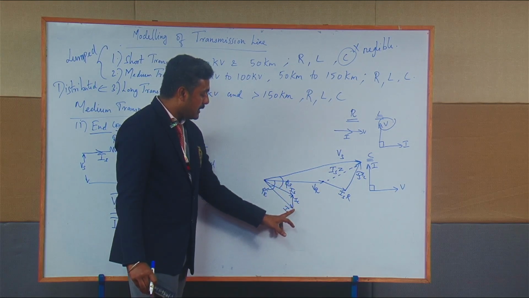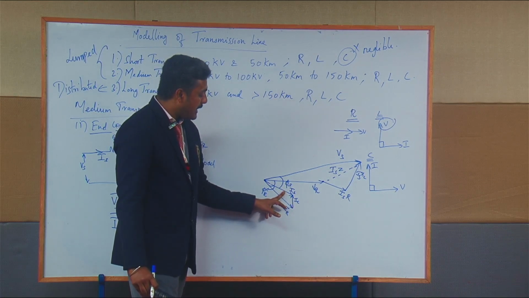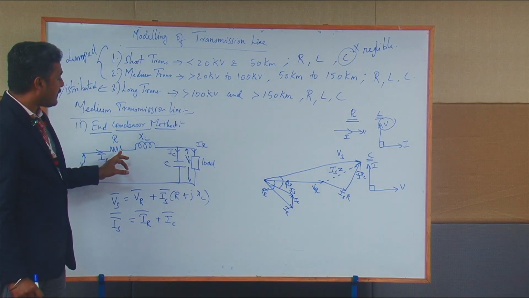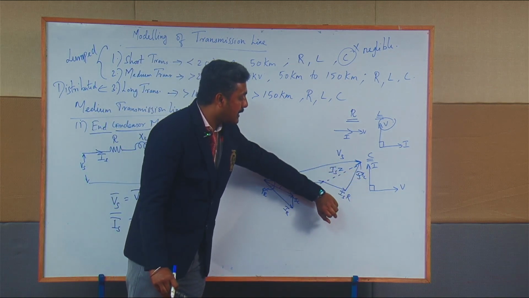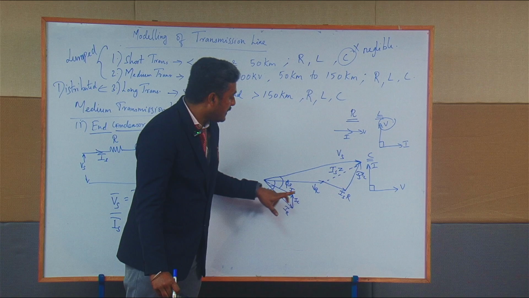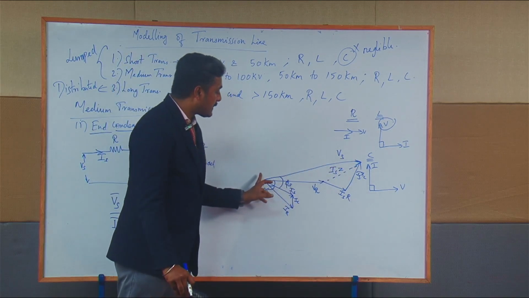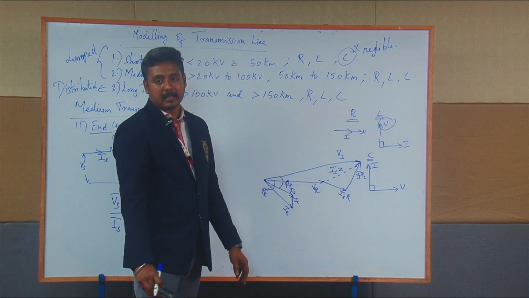If you are going to sum the two values, it will give the value of Is vector. And after finding this Is vector, this Is into R vector is in phase, and Is into XL vector is leading the Is vector by the angle of 90 degree. And finally you can able to draw Vs vector, which is equal to Vr vector plus Is into R vector and Is into XL vector.